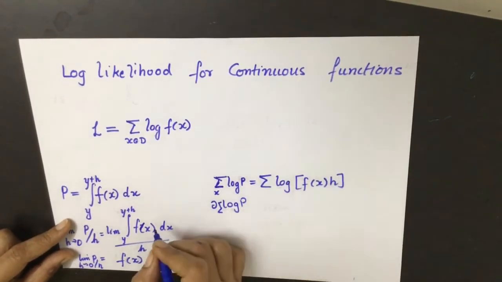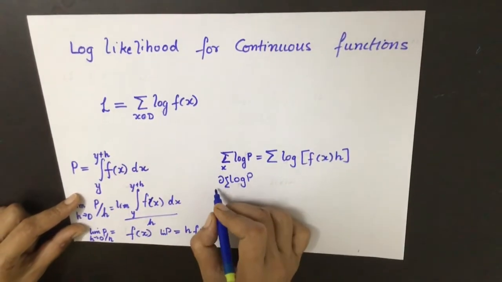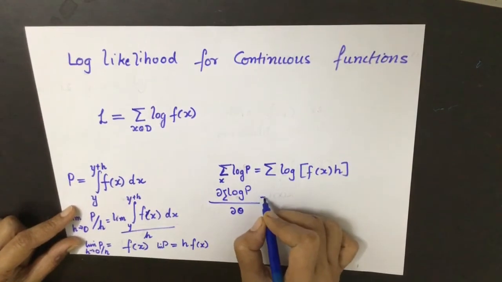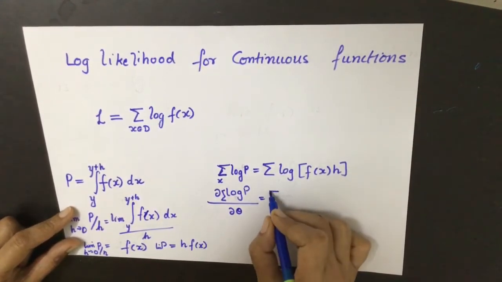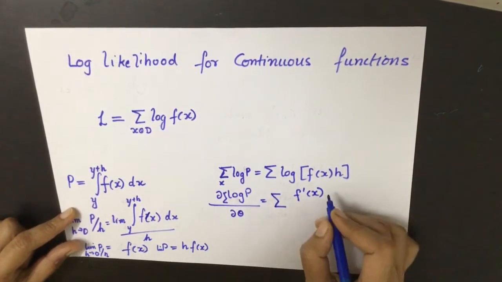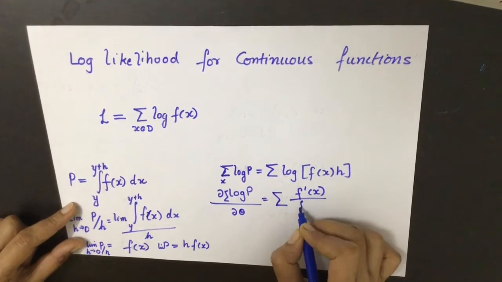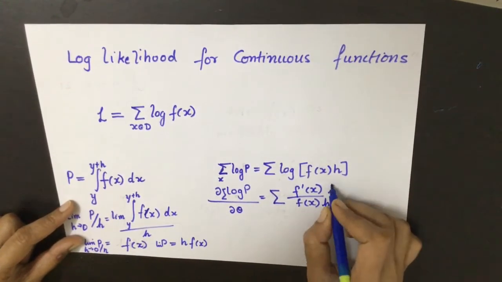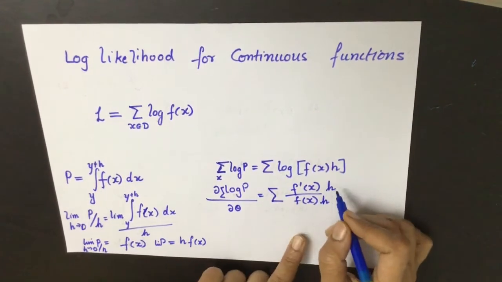Let us say that the parameter is theta. Then it will become a summation, and as you can see, h cancels out.